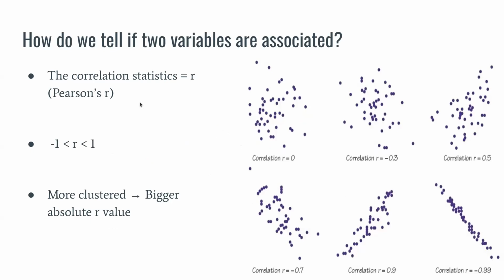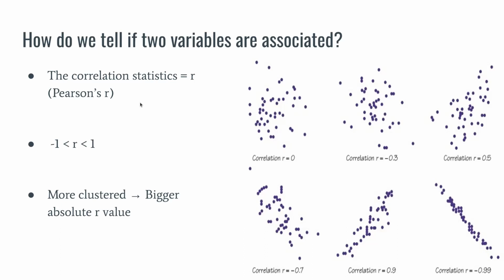So how can we tell if two variables are associated? We need to talk about the Pearson correlation, R. It's basically a statistical test used to assess whether or not a correlation is statistically significant.